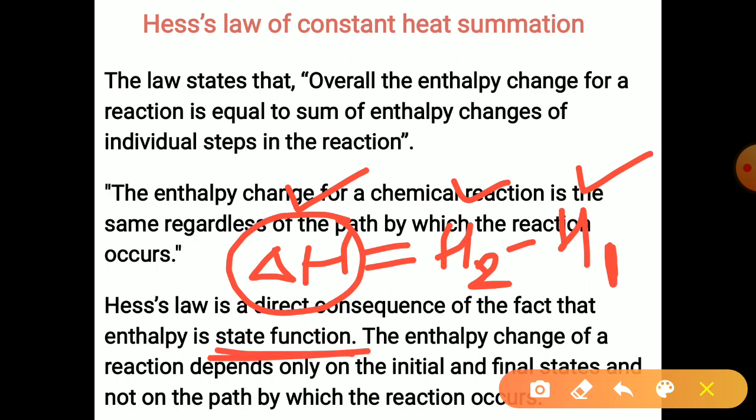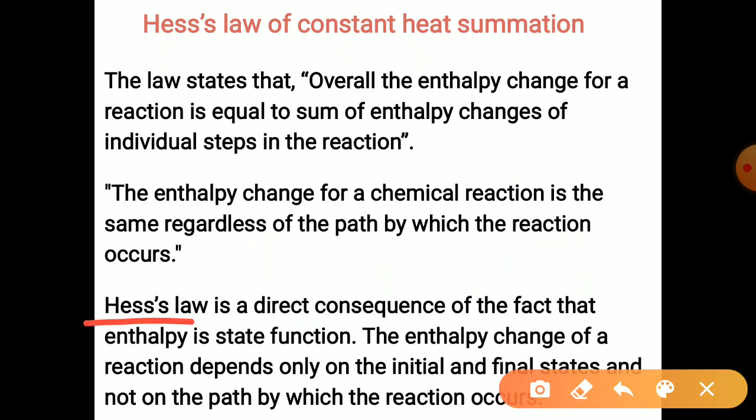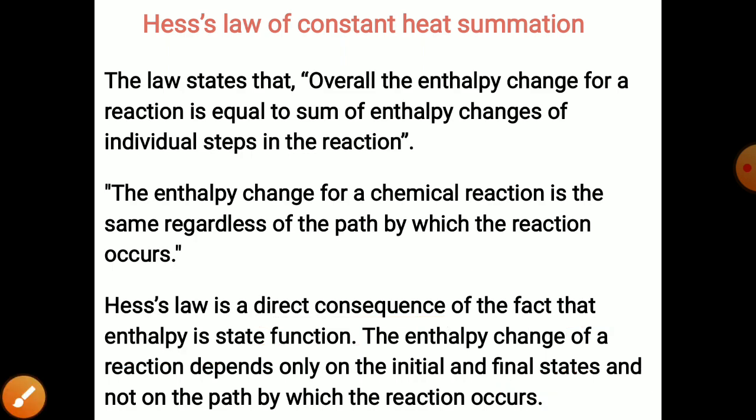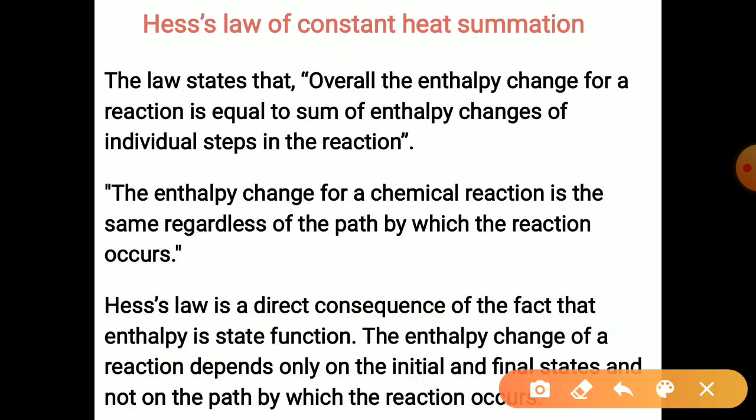So this law is a direct result of the fact that enthalpy is a state function. It means enthalpy depends only on the initial and the final state. It does not depend on the path. Only the initial and final states matter.